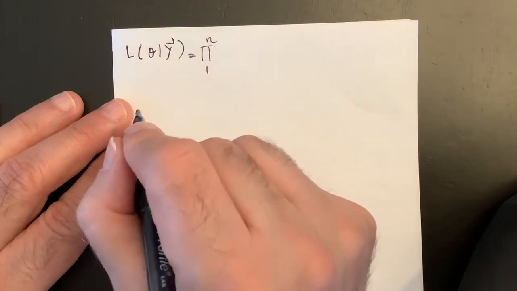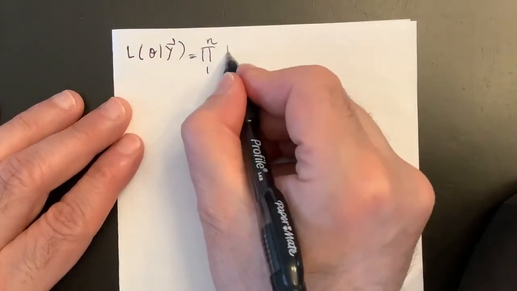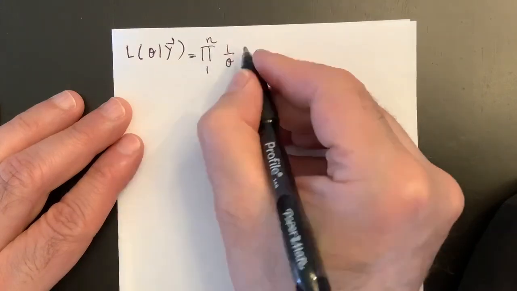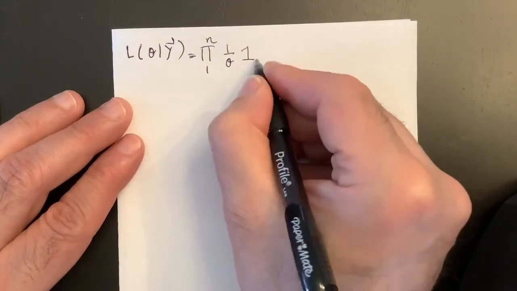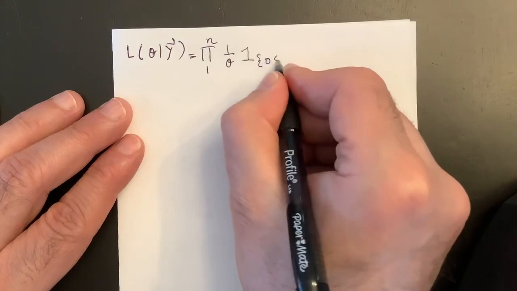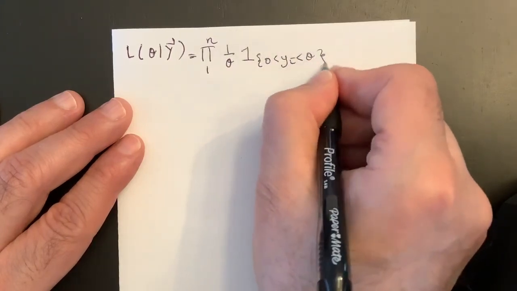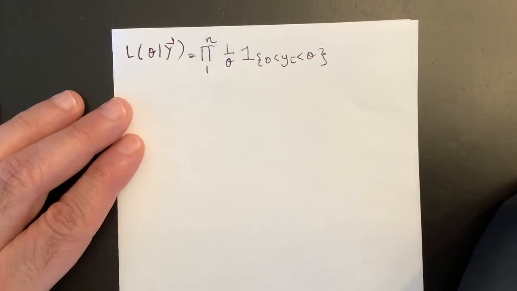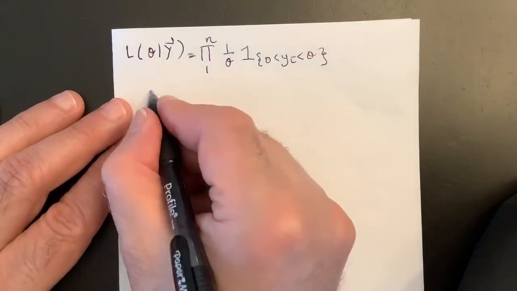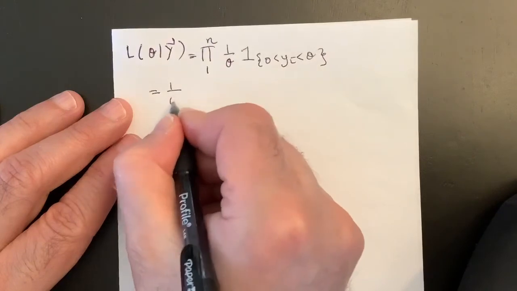What is the density of each Yi? It is 1 over theta, but it also must be between 0 and theta, so I'll write it with an indicator: 1(0 < yi < theta). Now I can take that product, the constant comes out, so I get 1 over theta to the n.